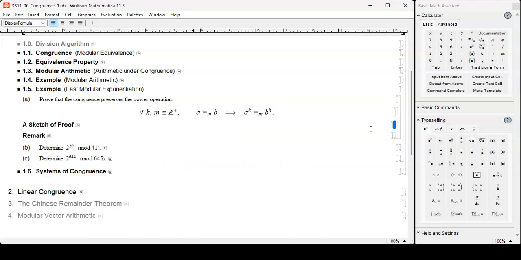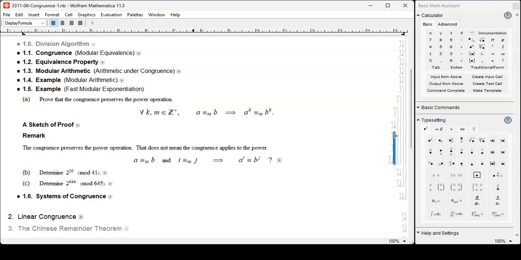A remark though: if the bases are congruent, then so are the powers. If the exponents are congruent, then what? In that case, the answer is no, you can't do that. The exponents here, the powers, are coming from the counting, not from the congruence or anything like that.